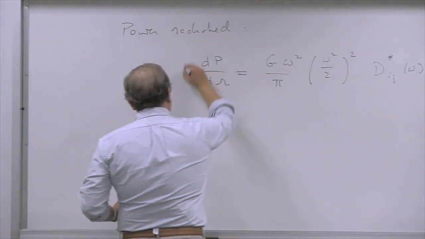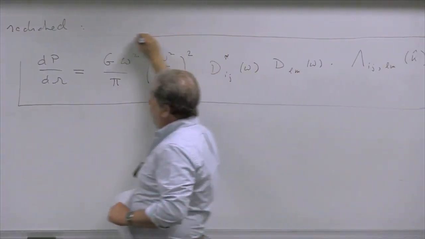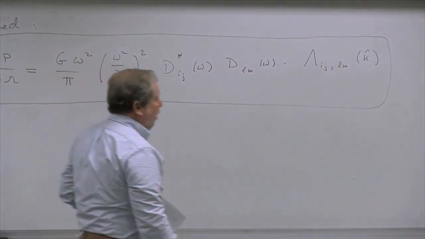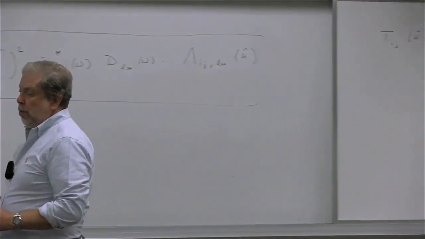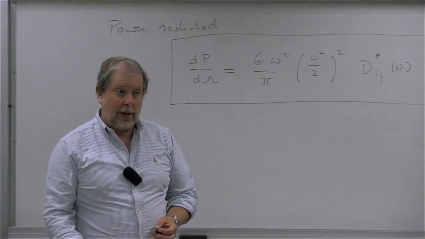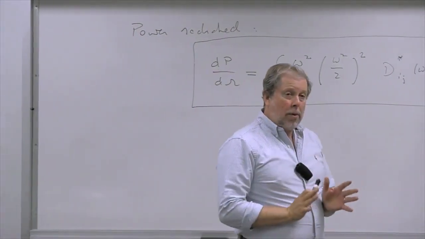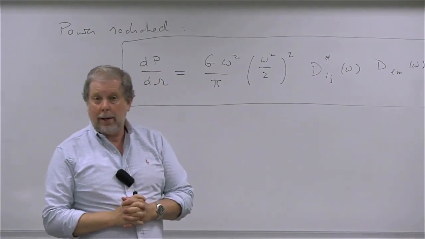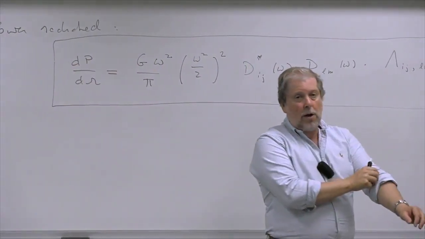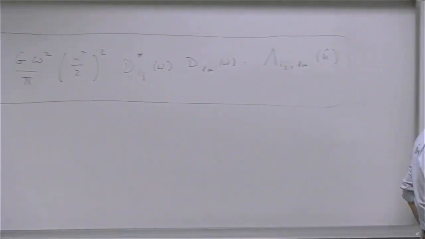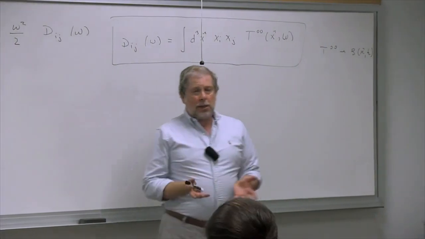And so let's put a box around this, right? Because this is kind of an important intermediate step, to be able to actually write down the power radiated per unit solid angle in terms of something that presumably we can calculate without too much work, right? In spite of the fact that the formula is complicated, we presumably will know what the T^00 looks like for some mass distribution, right?